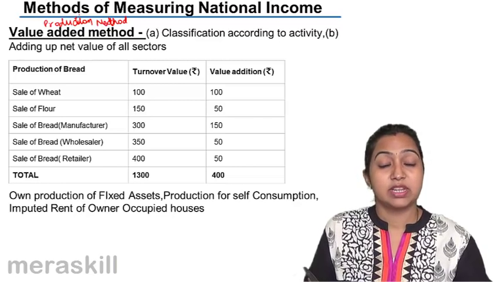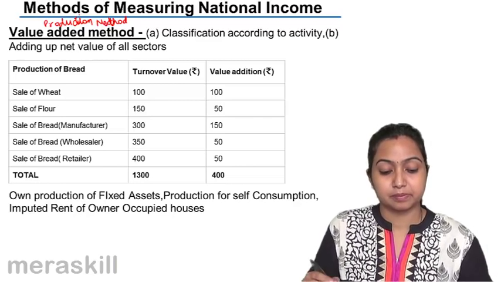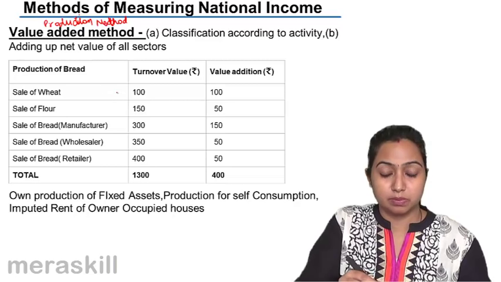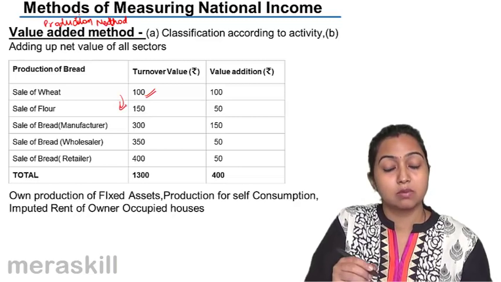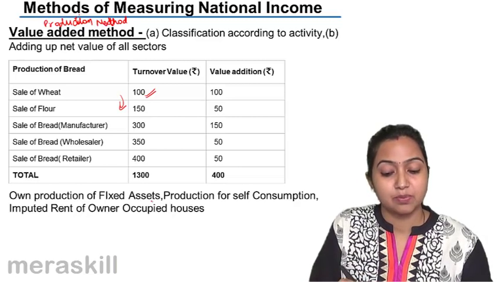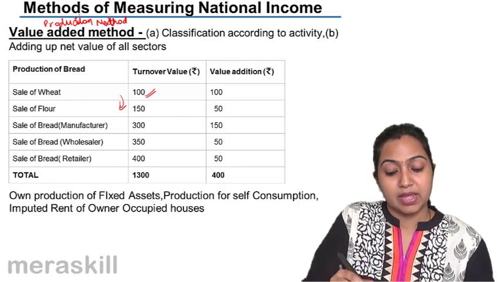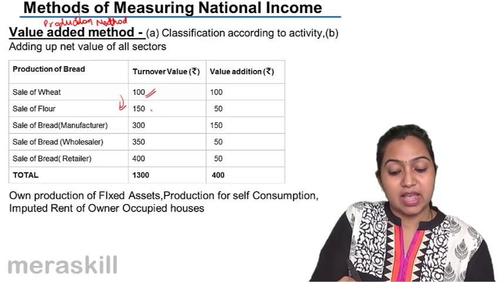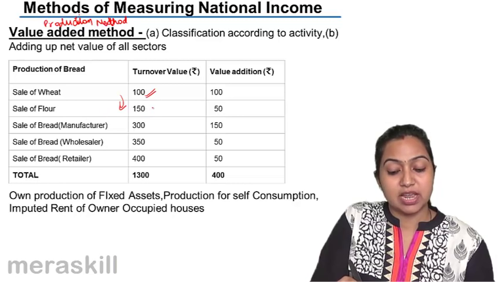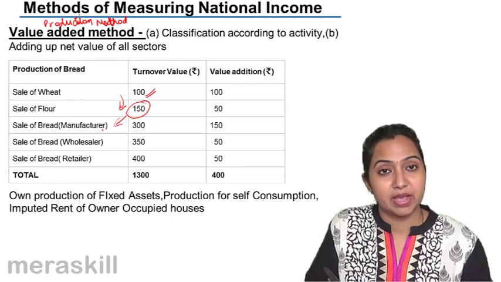Suppose we take up the example of bread again. Wheat was bought at a price of, say, rupees 100. That wheat was bought by a flour mill owner at a price of rupees 100. Then he crushed it and made flour out of it, and then sold it at a price of rupees 150 to the baker.